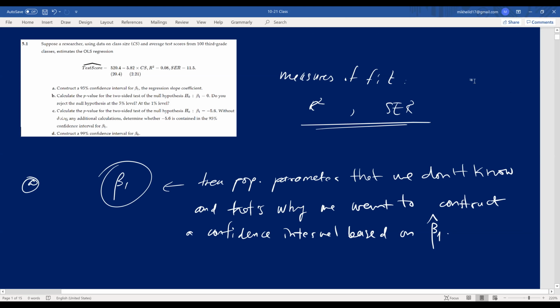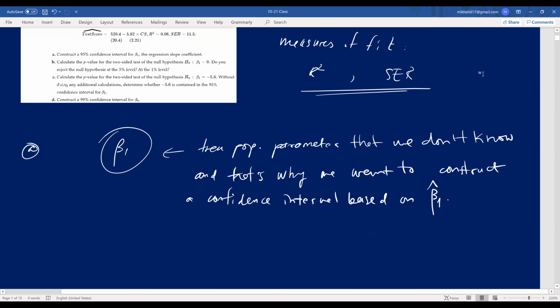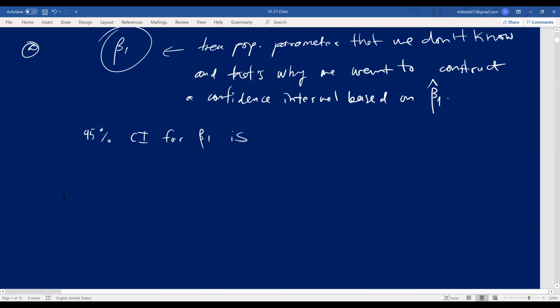So the 95% confidence interval for beta 1 is beta 1 hat minus Z critical at 95%, which means alpha equals 0.05, times sigma hat of beta 1 hat.